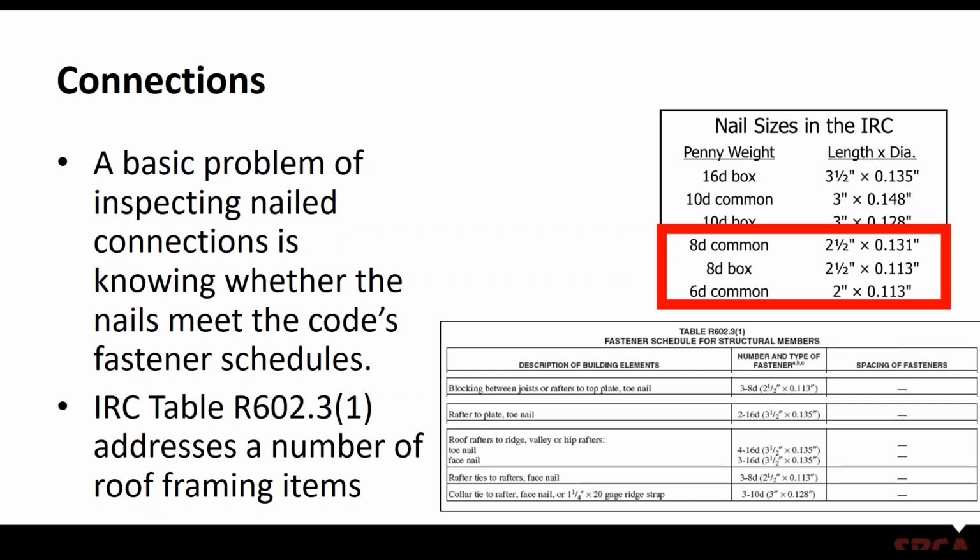They list the nail length as well as the nail diameter, because that all comes into play. The lateral resistance and allowable nail values depend on the nail diameter, the length, penetration into the member, the species, and so on.